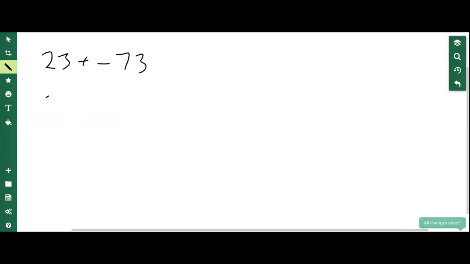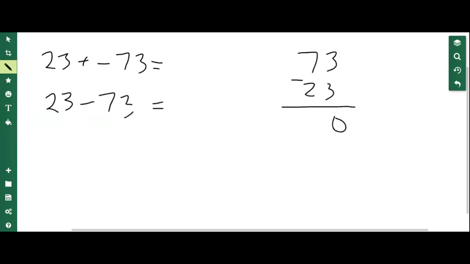It's the same thing as saying 23 minus 73. So what we're going to do is find the difference, or minus both of these numbers. So what is 73 minus 23? We get 50. 3 minus 3 is 0. 7 minus 2 is 5. But what is the larger number? Well, it's not 23, so it's not going to be a positive. It's 73. And notice how there's that negative sign in front of it. So we're going to have -50.